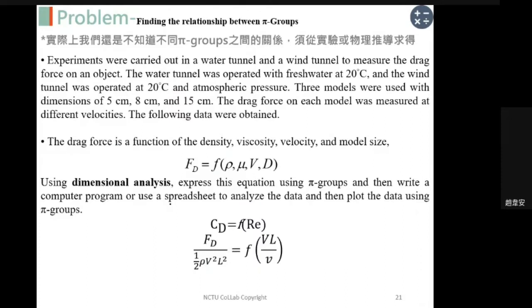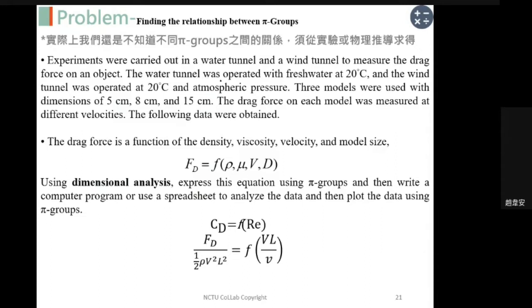So the exercise, the true data, can be helpful to better understand the relationship between the drag force and the Reynolds number. The experiments are carried out in the water tunnel and the wind tunnel to measure the drag force on an object.